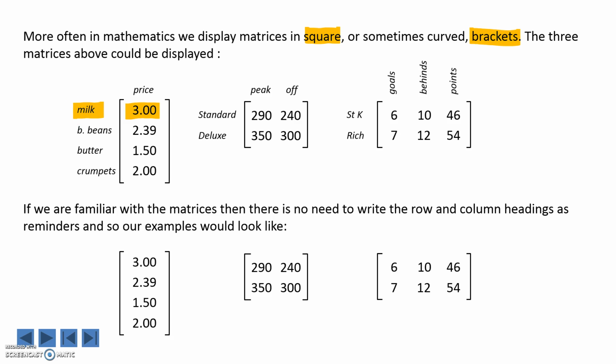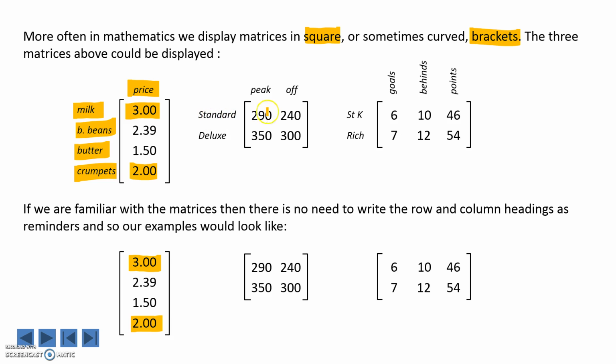Later on, when we know our matrices, we don't need to write that information, and we know that the first row refers to the cost of milk. Our last row is crumpets, and we would know that already. So at the moment, until we become really familiar with writing these, my suggestion is write down all the information for what the rows mean, and then for what your columns mean, write down what they are above.